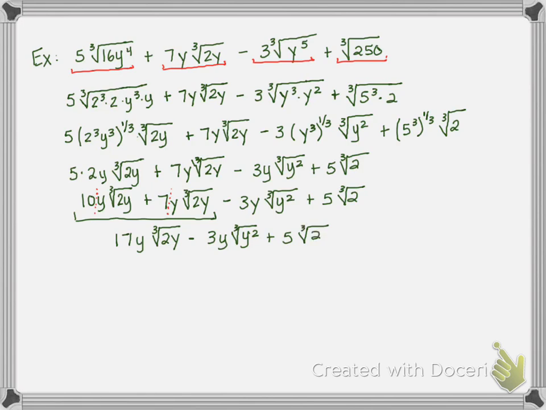And that's as far as I can go, because even though these guys both have y's, their radical factor is different. And even though I have a cube root of 2 and a cube root of 2, the one on the left has that factor of the cube root of y as well. And so we can't combine those guys. So that's just all done.